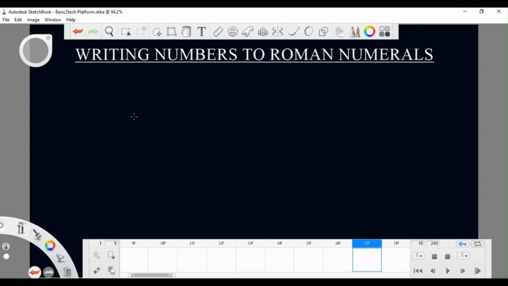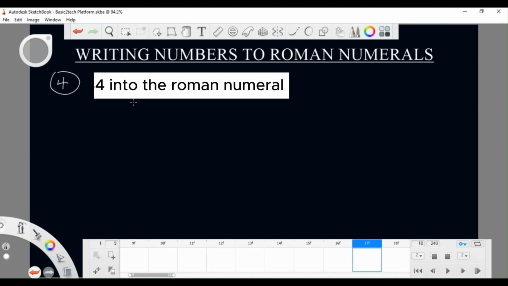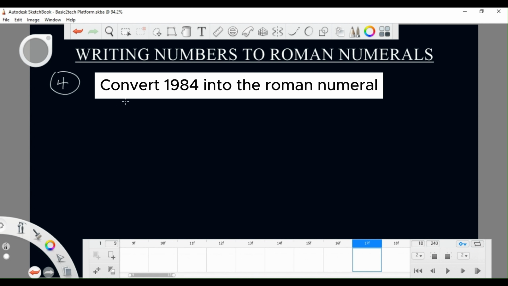Let's take one more on how we can convert numbers to Roman numerals. Number 4, it says convert 1984 into Roman numerals. Again, this is the units.